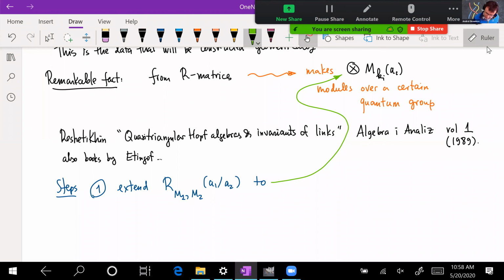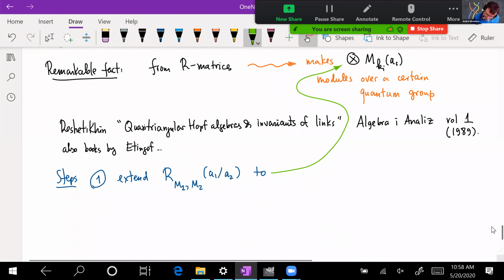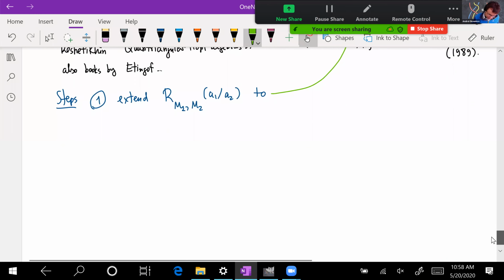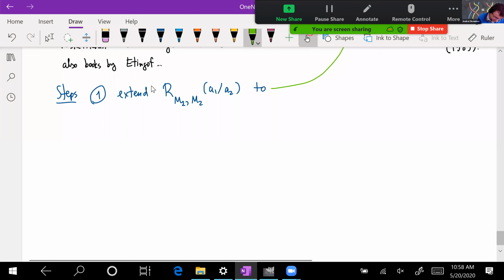And the way to do it, I'll write it pictorially. So we have one tensor product in some particular order of this M_k_i of A_i.